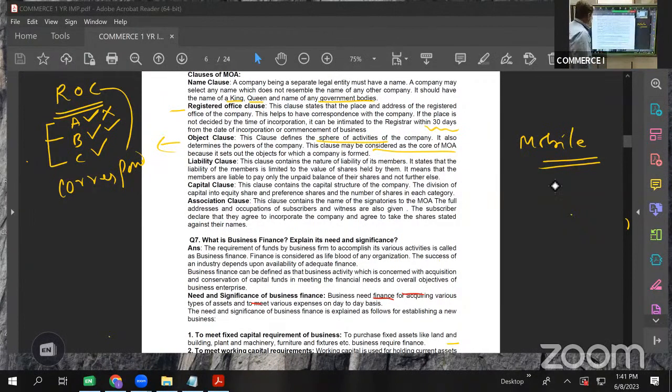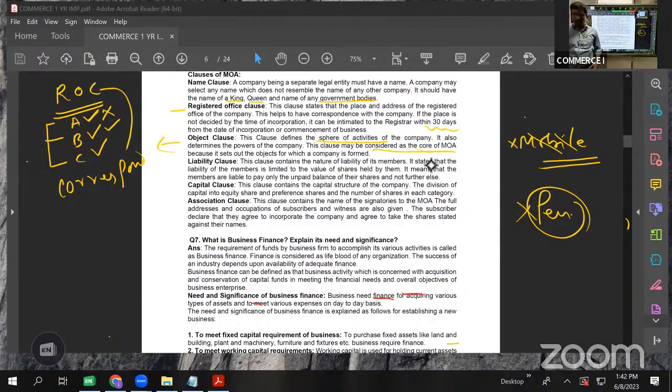But suppose at the time of drafting my MOA, I have drafted that I want to manufacture mobile. But later, due to some reasons, I did not start manufacturing mobile, but I am manufacturing some other thing, pens, let us say. Manufacturing pen. Then it is treated as illegal. Though manufacturing pen is not illegal, since it was not mentioned in my MOA, it will be treated as an illegal business. So we have to be very careful when we are drafting our MOA, especially when we draft the object clause. That is why it is said that it is the core of MOA.